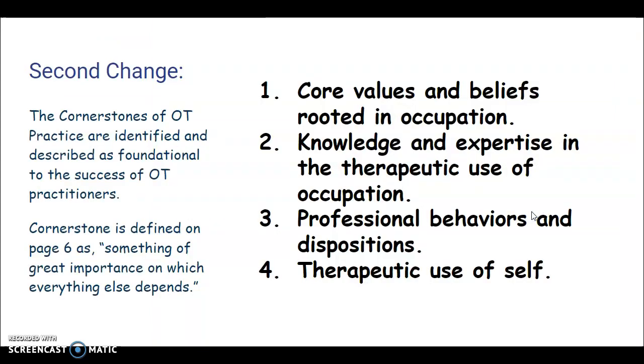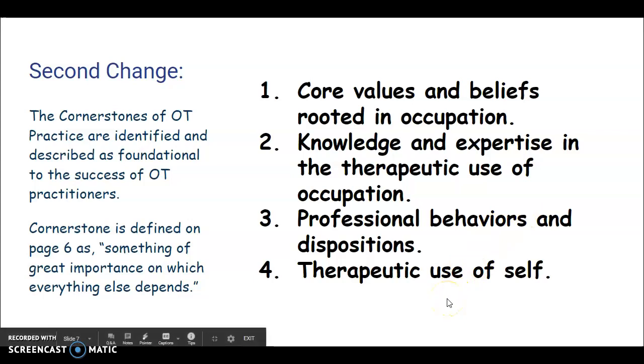So the second change is that the cornerstones of OT practice are identified and described as foundational to the success of OT practitioners. And on page 6, they describe cornerstone as something of great importance on which everything else depends.